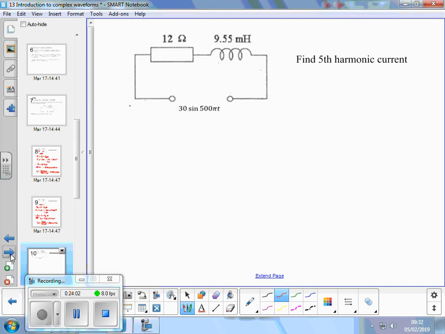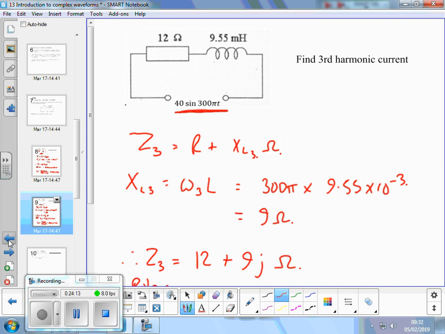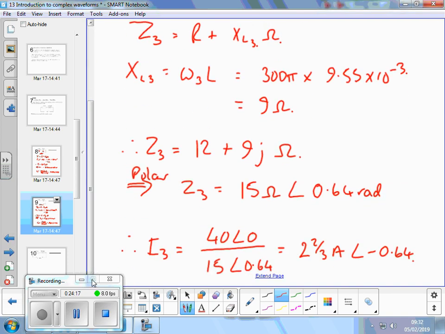Now go on and calculate the current due to the fifth harmonic using the same method.